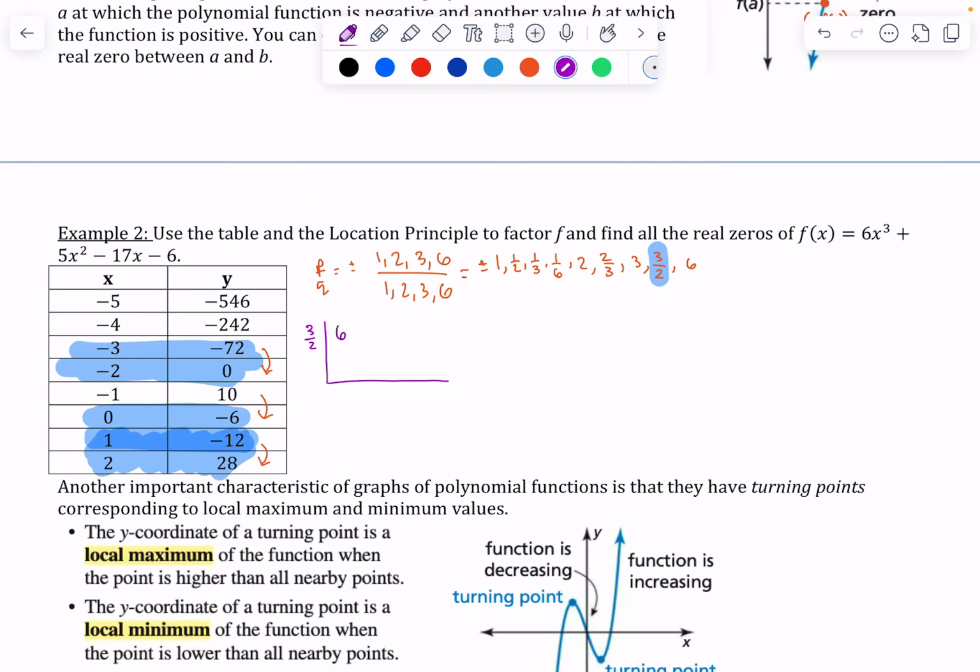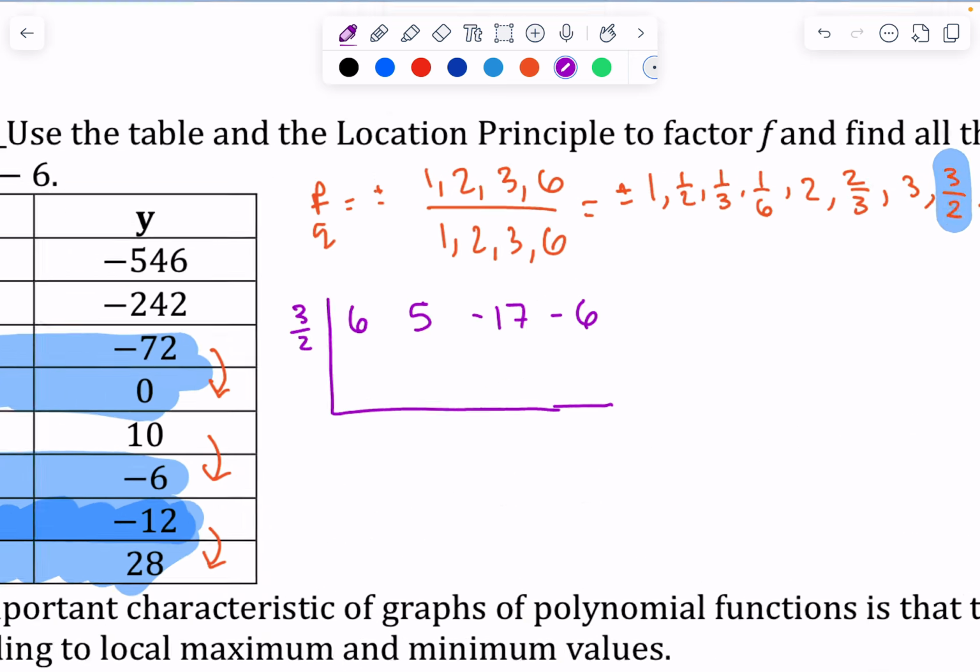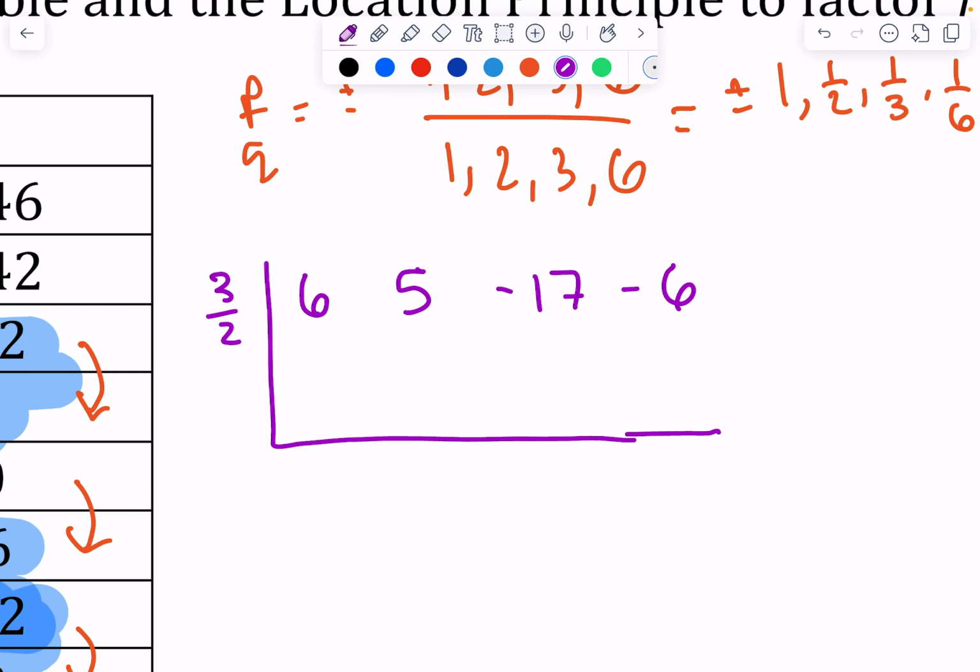So 6, 5, -17, and -6. 3, 2, 1, none, so I don't need a placeholder. So bring down the 6, then 6 times 3/2 is 9, 14, that's going to be 21, it's going to be 4, that's going to be 6, and look at that, it works.